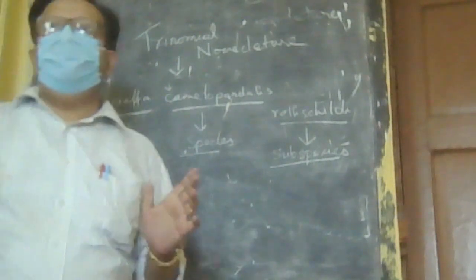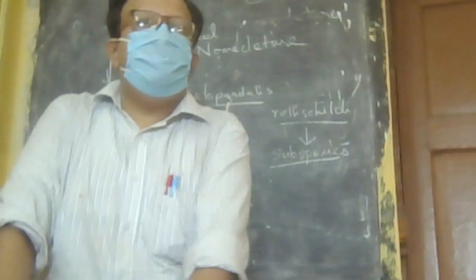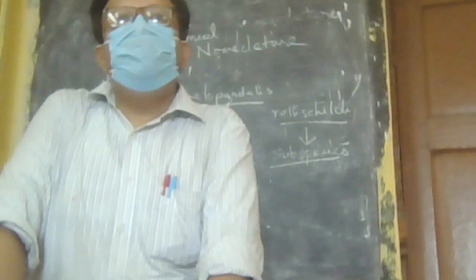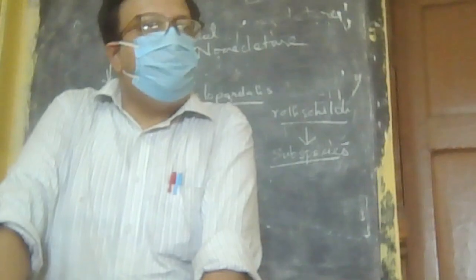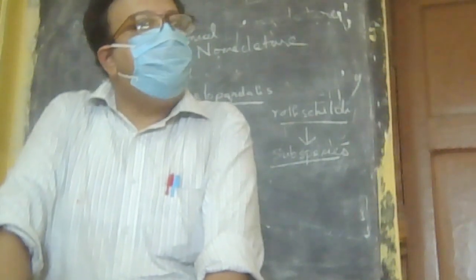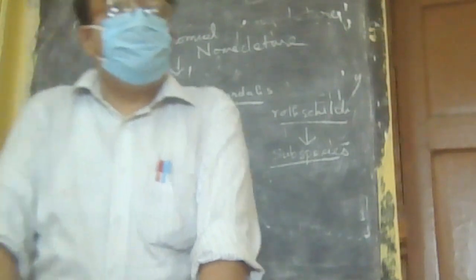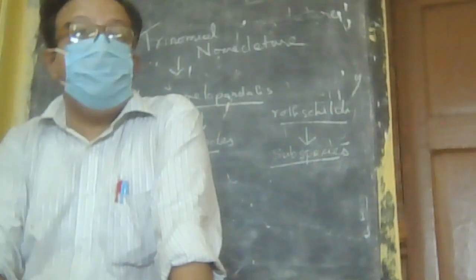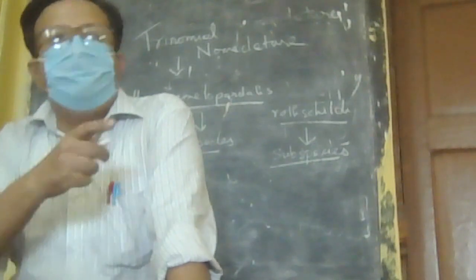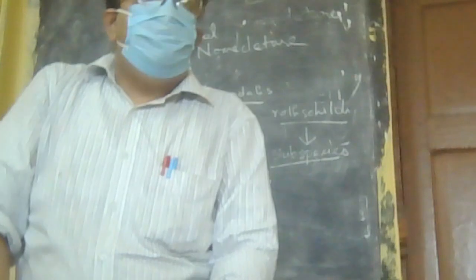This is the principle of binomial nomenclature. For example, 5,000 years back, there were two subspecies of human beings existing. One is Homo sapiens sapiens, the other Homo sapiens neanderthalensis, in the Neander Valley, Europe. So the Homo sapiens sapiens, which we are, migrated from Africa and came to Europe.